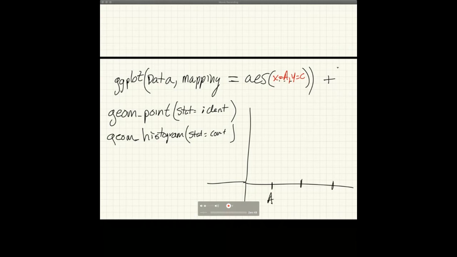Let's say category A, category B, and category C. And I might be interested in visualizing the distribution of some Y value across those groups. So this could be waiting times in a pub. Very easy, very similar to what you've seen before.